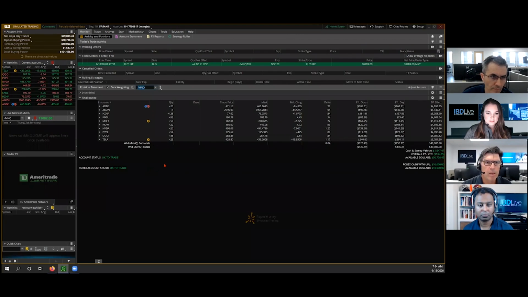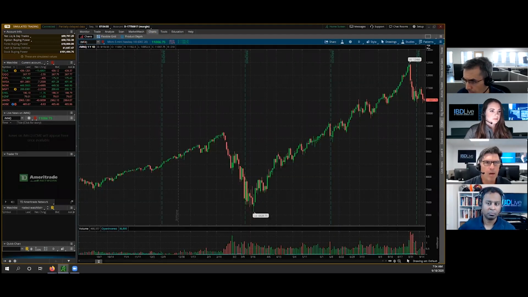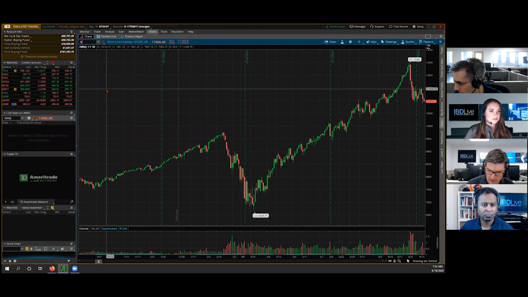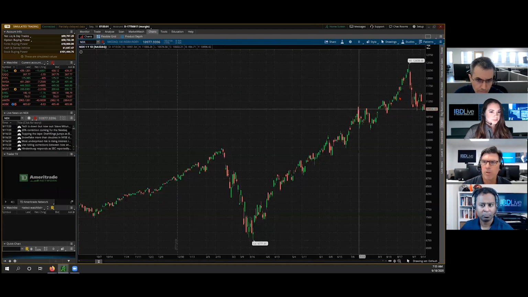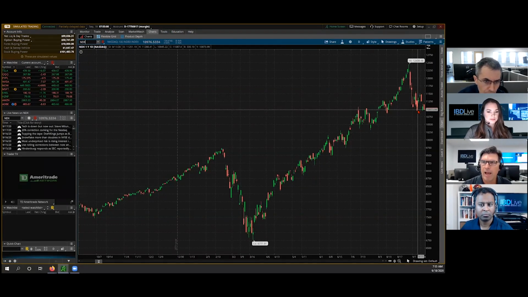Here's a quick explainer about the futures contracts. The micro mini is actually based on NDX, the Nasdaq 100 index. While MNQ tracks this index, it actually gives you double the exposure.